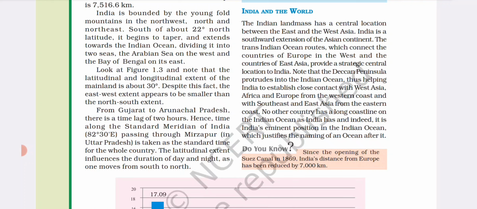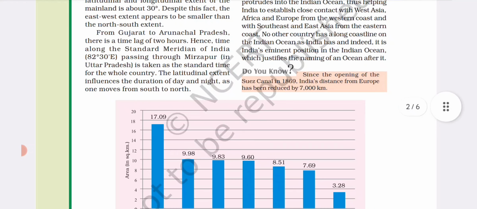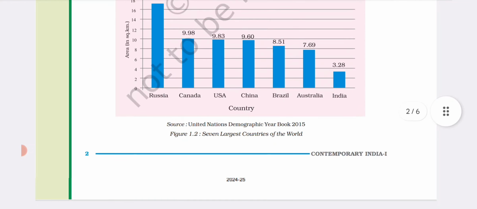No other country has a long coastline on the Indian Ocean as India, and indeed it is India's eminent position in the Indian Ocean which justifies the naming of the ocean after it. Do you know, since the opening of the Suez Canal in 1869, India's distance from Europe has been reduced by 7,000 kilometers.